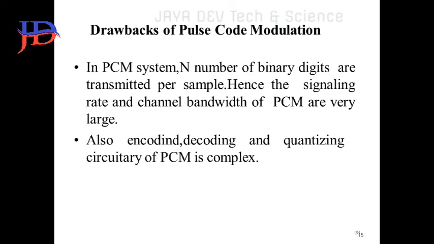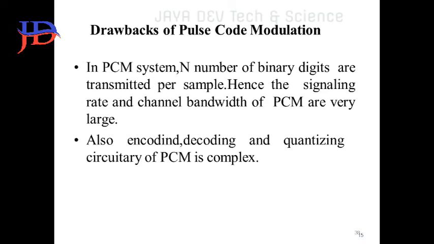Drawbacks of pulse code modulation: in a PCM system, n number of binary digits are transmitted. This is the most important point of the PCM system, that you can send a number of binary digits at a time. This is the main drawback. Why this is a drawback is that the signaling rate and the channel bandwidth of PCM are very large.